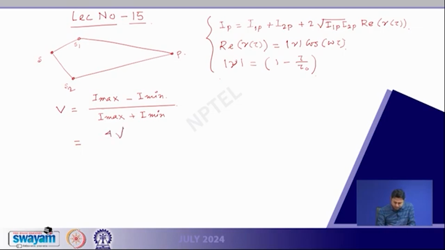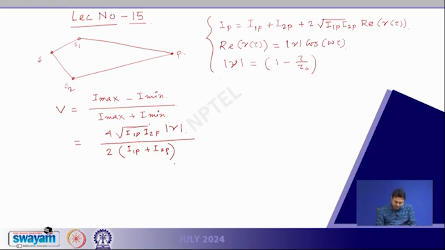In the numerator we have 4 root over of I1P I2P, and then we have this mod of gamma term, divided by this plus this. The interference term will cancel out and we are going to get 2 of this. That is the general form of V in terms of gamma.